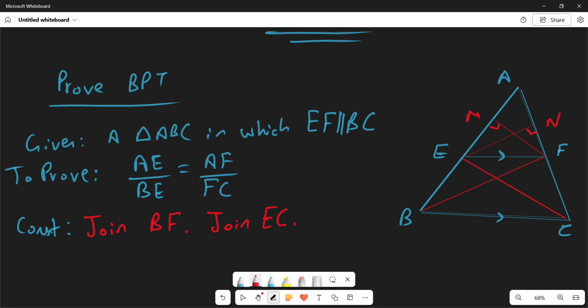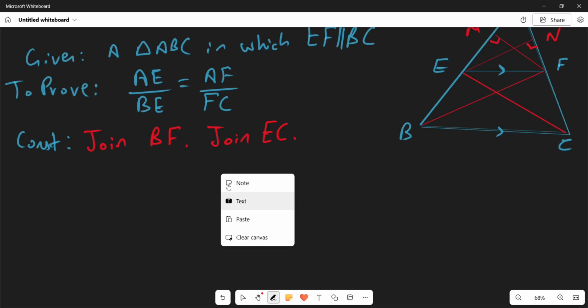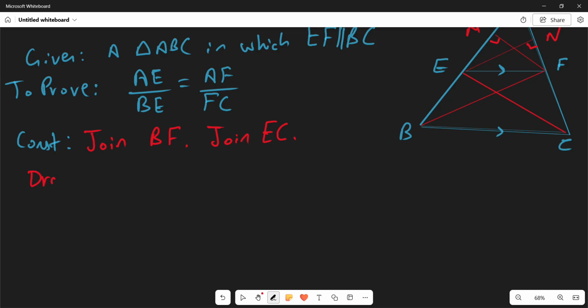I've joined them also, and draw MF perpendicular to AE, or you can say AB, and NE perpendicular to AF or AC.